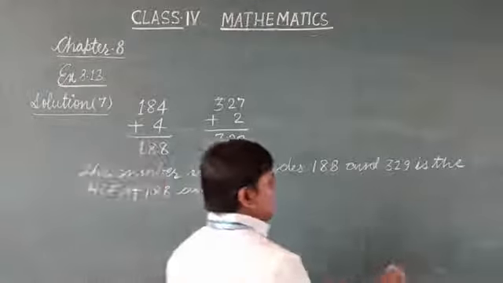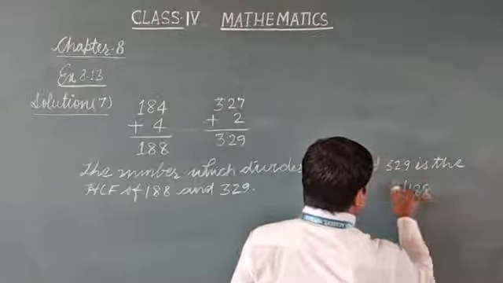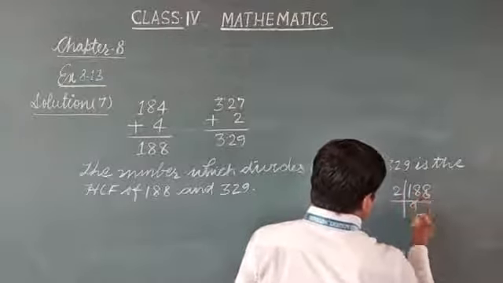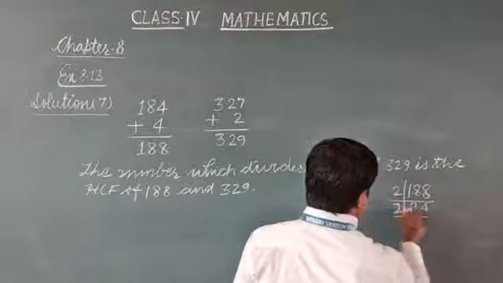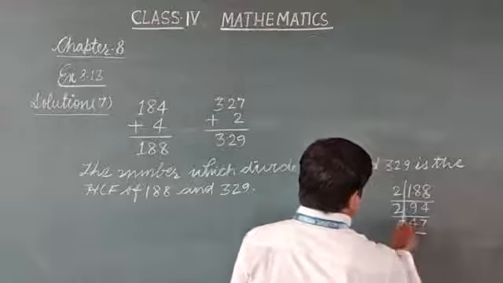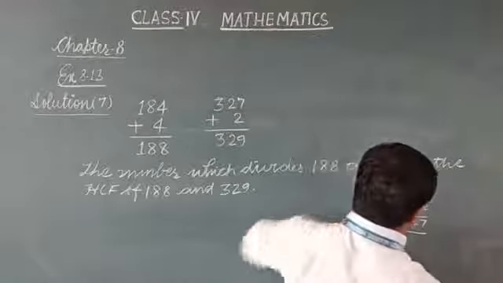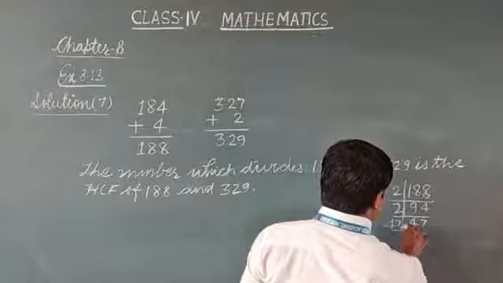So for prime factors, the number we have is 188. By 2 we divide, 2 nines are 18, 2 fours are 8, by 2 again it will come 47. And here by 47 it will come 1.